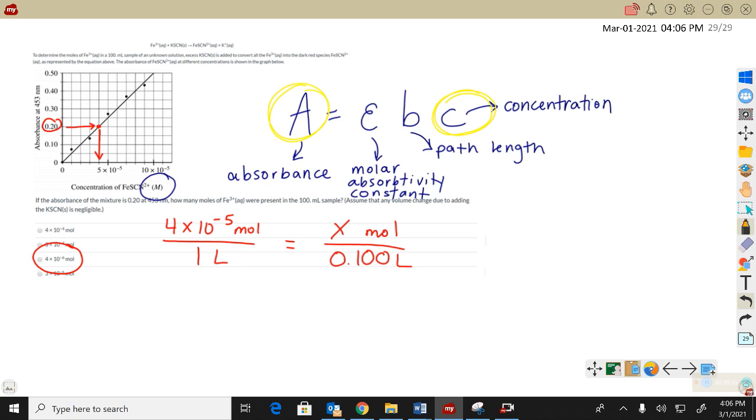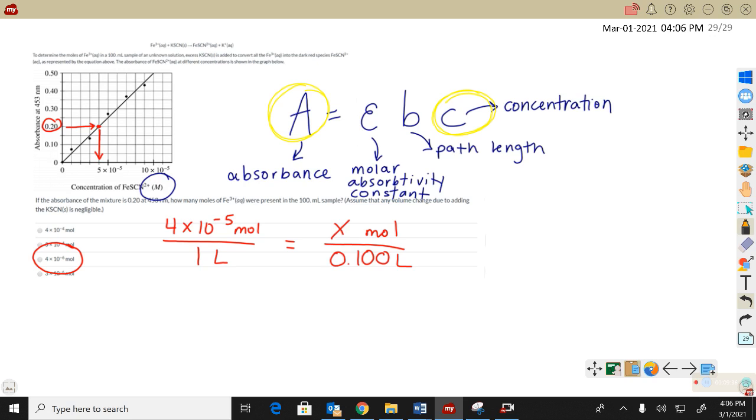If the absorbance of the mixture is 0.2 at this given wavelength, how many moles of iron plus 3 were present in the 100 milliliter sample? Okay, so the trick here is that they're asking for moles. And so I could find the absorbance on the graph, 0.2.